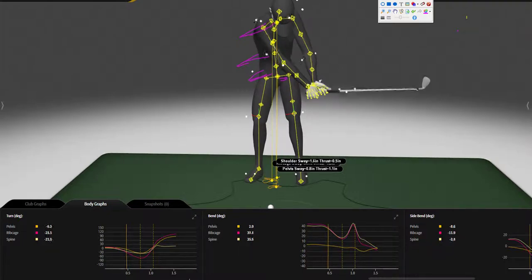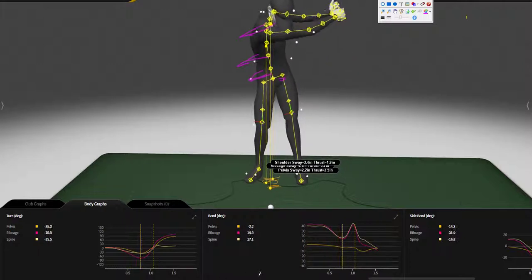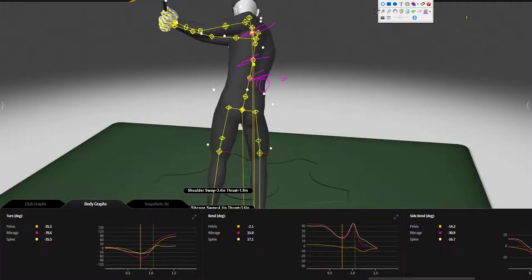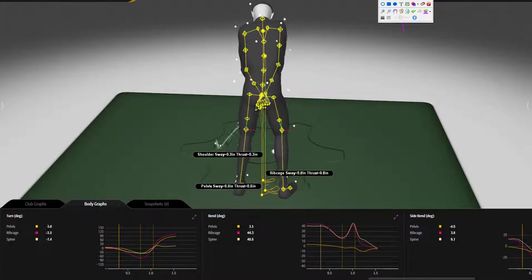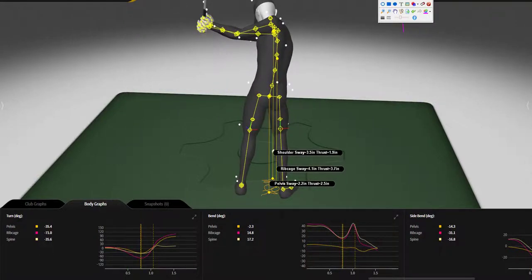So if we watch here and keep going, and we get to the top, now he's locked on the lead leg. If we go to the behind view, have a quick look. If we go back and watch, he moves onto that lead side and he's now locked.